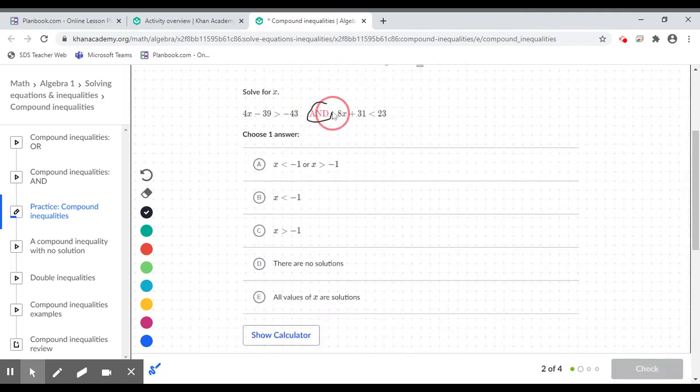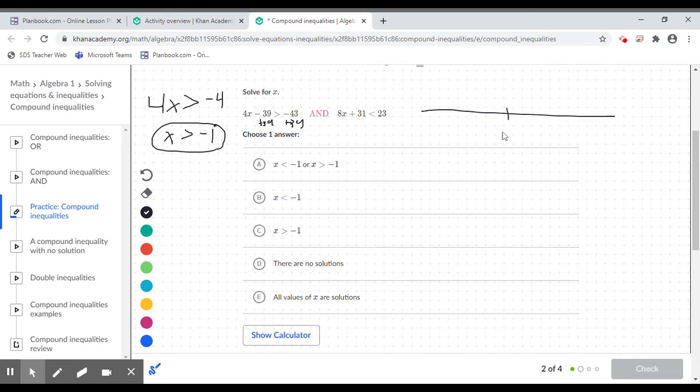Now we see the word and, let's see what happens. If we solve it out, add 39 here, we get 4x is greater than negative 4. We divide by 4. X is greater than negative 1. Let's chart that real quick. Greater than negative 1 would mean everything on this side of negative 1.